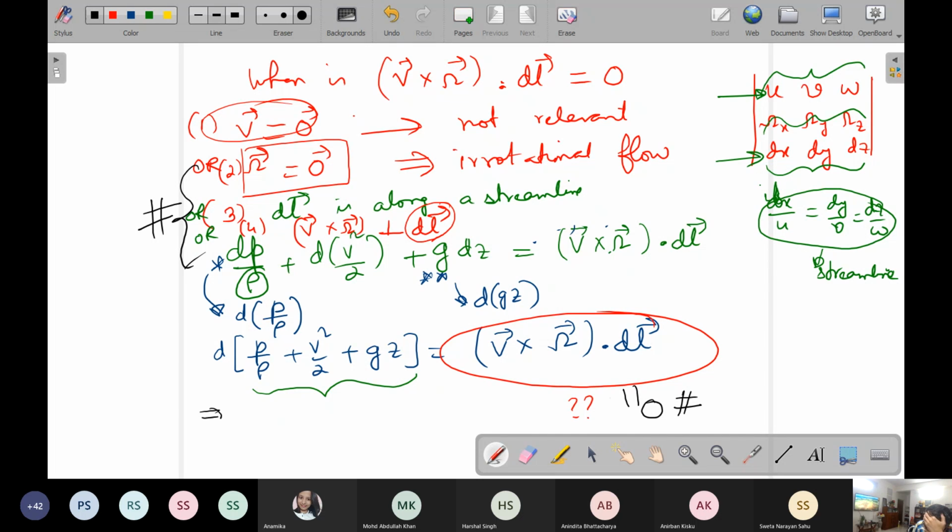Then you have d of p by rho plus v square by 2 plus gz equal to 0. That means p by rho plus v square by 2 plus gz is equal to constant, which is the so-called Bernoulli's equation.